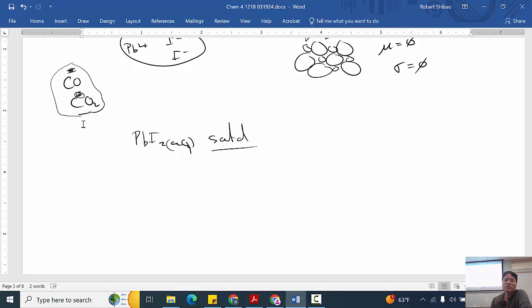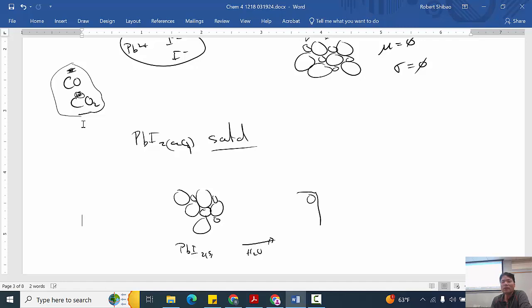In this case, it's like the second video we watched, where the water molecules really struggled to remove the ions. If we take PbI2 solid and dissolve it in water, it has very limited solubility.